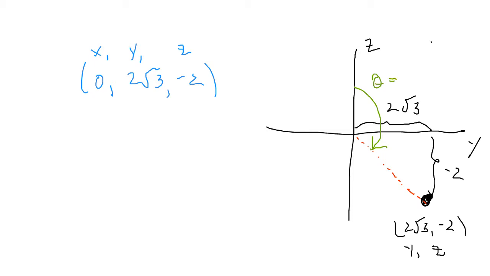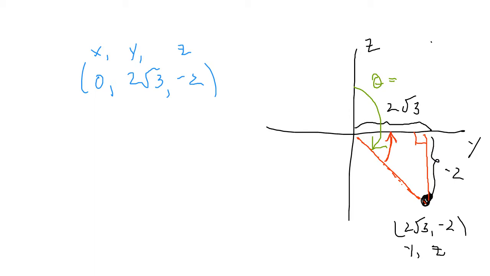Based on the right triangle here, what would this reference angle be? Is it 45 degrees, 30 degrees, or 60 degrees? Because we're always doing reference angles in trigonometry.